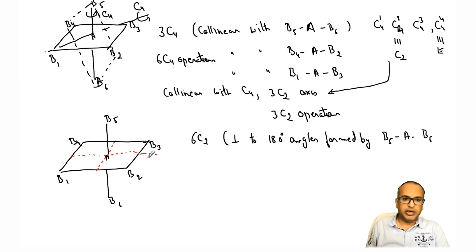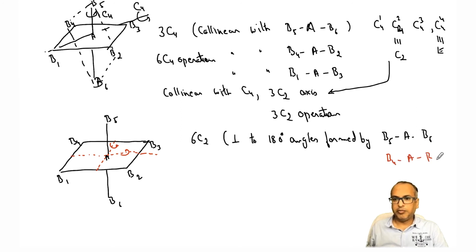So you have an axis going through like this, which will be C2. Each of these will have 2 perpendiculars. So all of these will be perpendicular to these 3: B5, A, B6, then B4, A, B2, and third B1, A, B3. So perpendicular to B1, A, B3 will be passing through. If I'm drawing a line like this, it will be perpendicular to this one, right? So 6 C2s will be present.